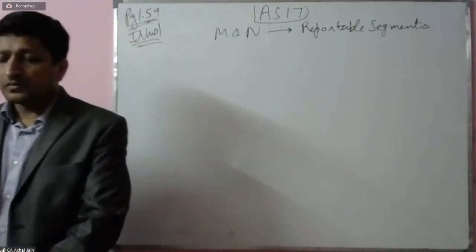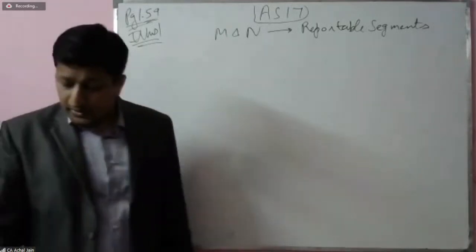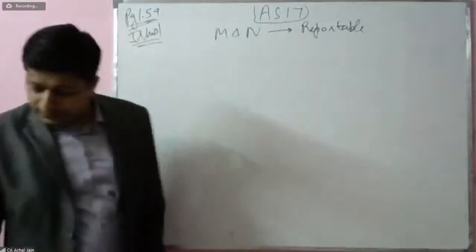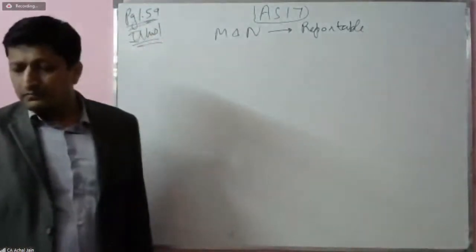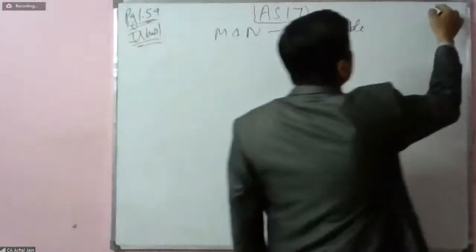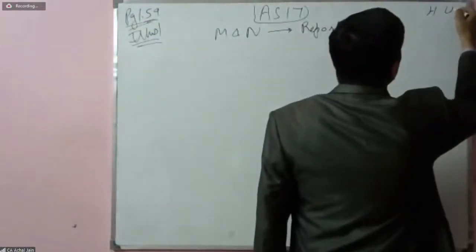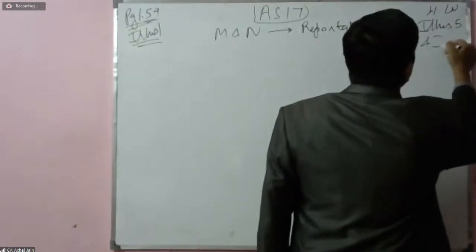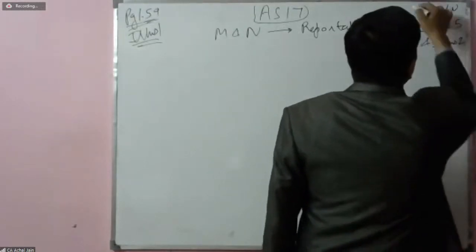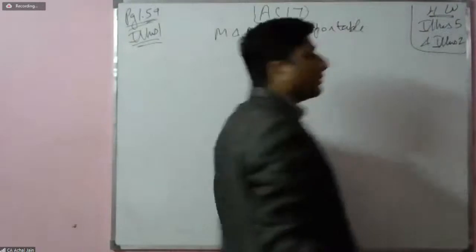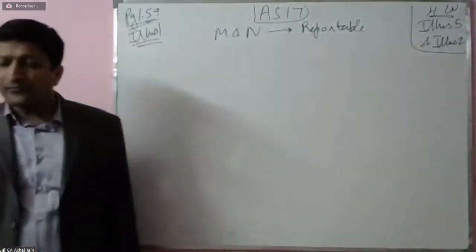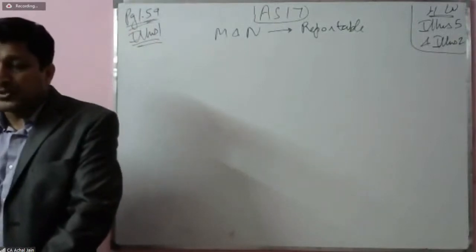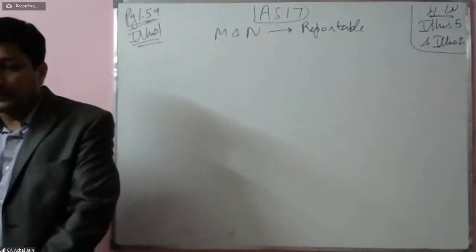And you can also note down one point. Illustration 5 and illustration 2. Your homework, illustration 2 and 5 for your homework. Very, very simple illustrations, but please don't get into these 2 illustrations right now.